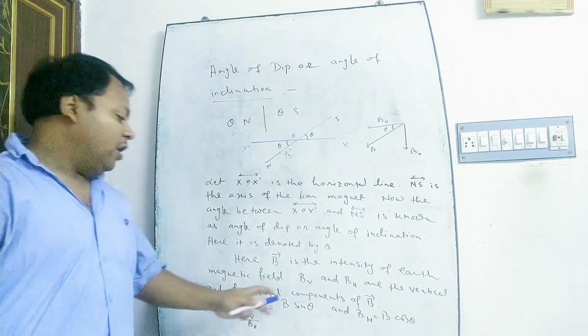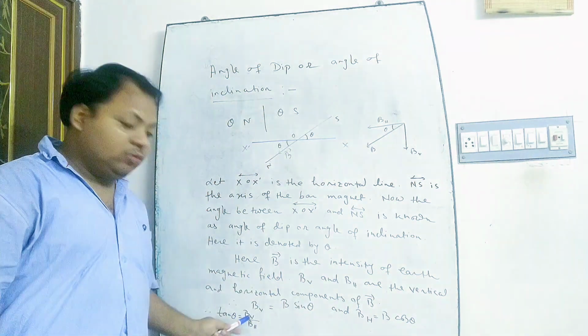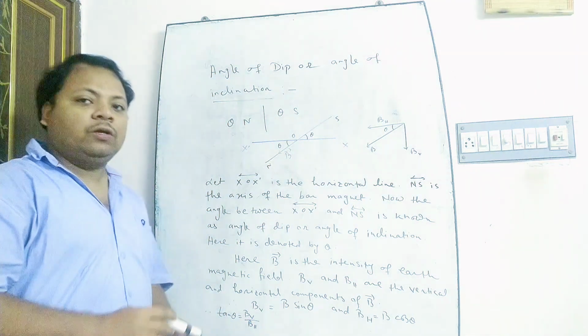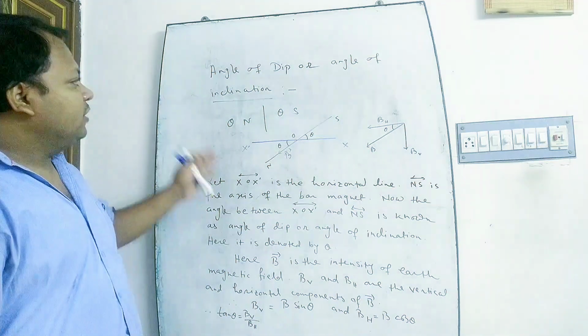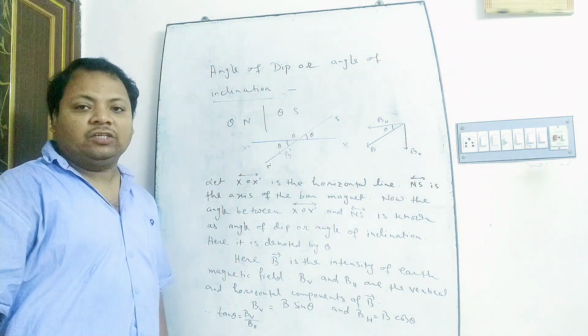Now dividing, we have tan theta is equal to BV by BH. Clear? This is the angle of dip or angle of inclination.